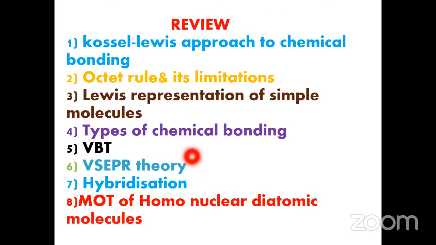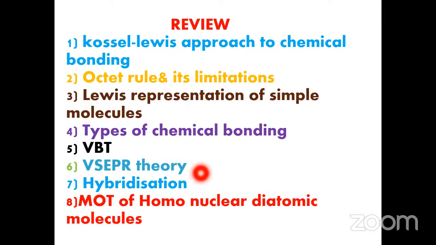And next we discussed hybridization. What is hybridization and the types of hybridization? Those are sp, sp2, sp3, sp3d, and sp3d2 hybridization and related examples. Next, just now we discussed the MOT, molecular orbital theory.